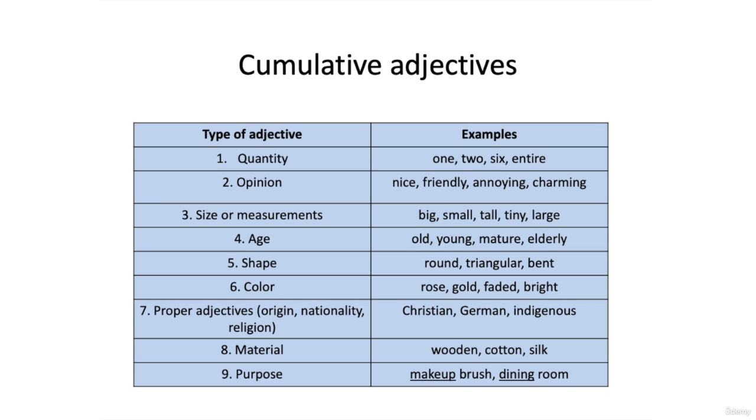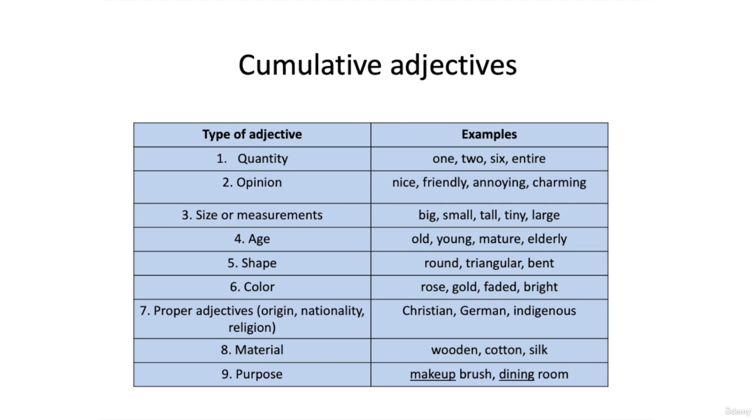Cumulative adjectives are used without any commas and always in this order: quantity, opinion, size or measurement, age, shape, color, proper adjectives like origin, nationality, or religion, material, purpose.